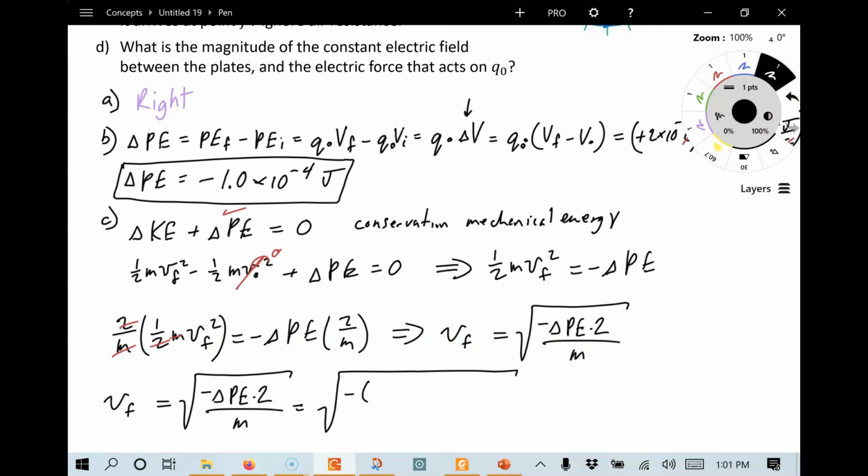Negative the delta PE from part B, minus 1.0 times 10 to the minus 4th. I'm going to write joules as kilograms, meters squared per second squared. Notice that the negatives are going to cancel, which is good. Multiplied by 2, divided by the mass.